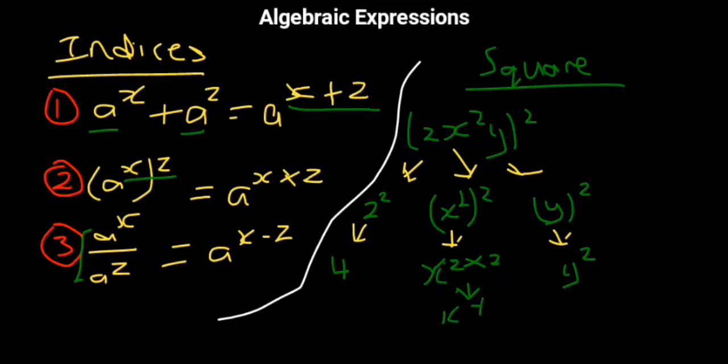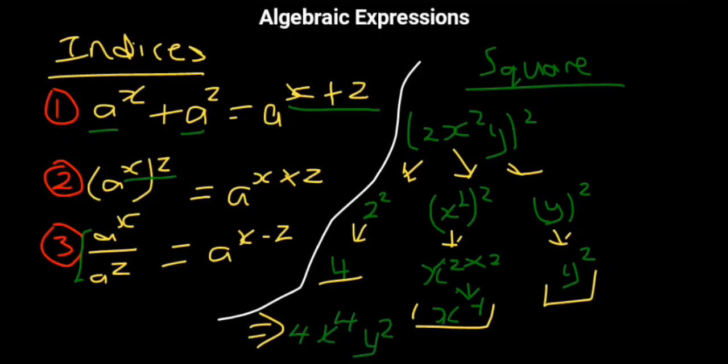So we have x to the power of 4, which is 2 times 2. Our y squared is already simplified. So we just need to take our various values, which are 4, x to the power of 4, and y squared. Our final answer would be 4, x to the power of 4, y squared. And that is our answer.